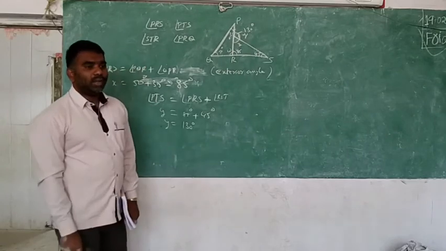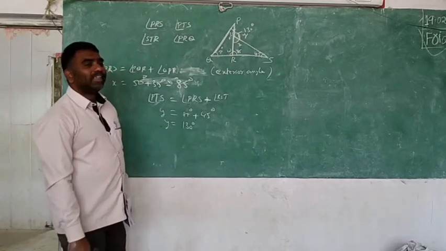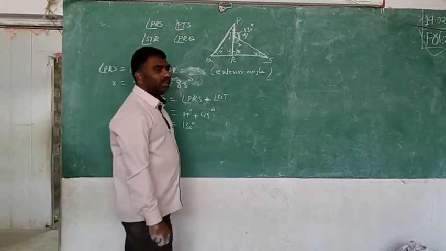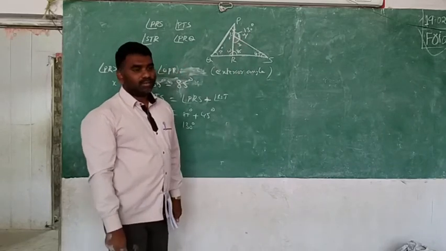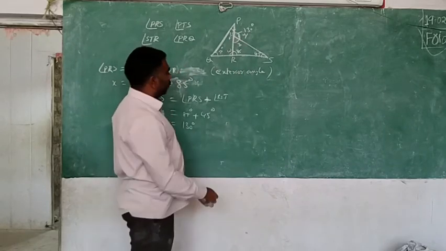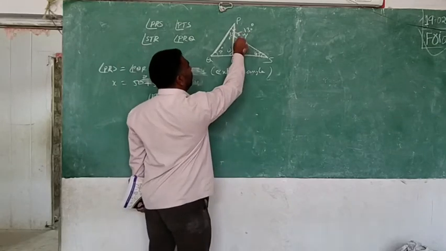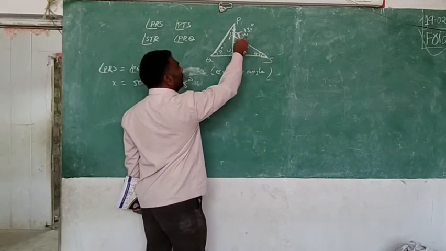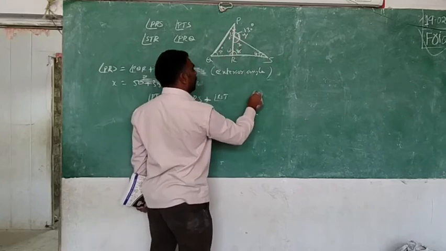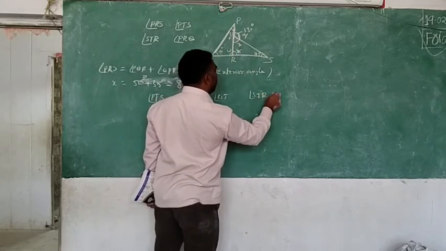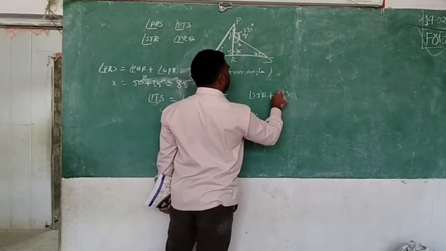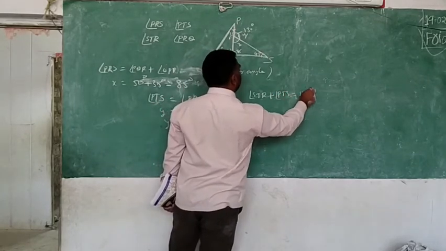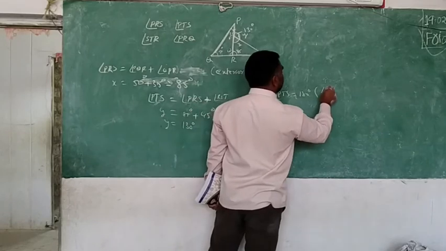Now Z. How do you find Z? Z and Y will become 180. That is easy. What is this angle's name? SPR. SPR plus PTS will be equal to 180. Why? What is the reason? Linear pair.